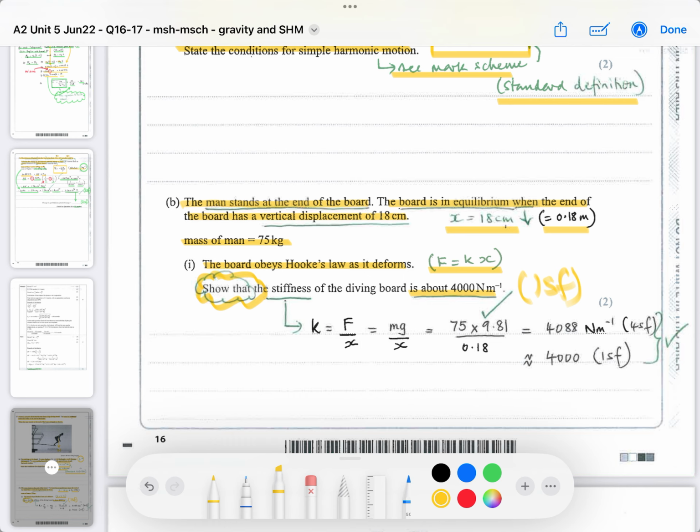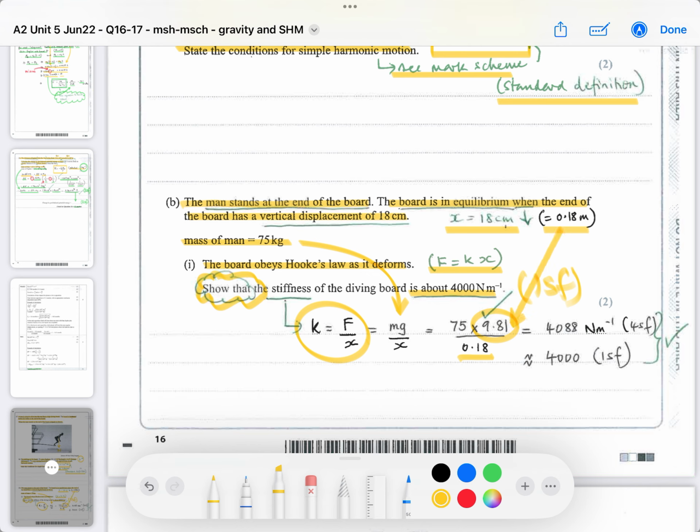So you put F over x. You change the subject to make k the subject, where the force is the weight of the man. So you put the mass in there, multiply it by 9.81, and divide it by the extension, which is 0.18.